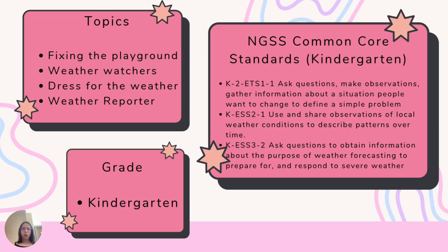Use and share observations of local weather conditions to describe patterns over time. And the final standard being addressed is K-ESS3-2. Ask questions to obtain information about the purpose of weather forecasting to prepare for and respond to severe weather.